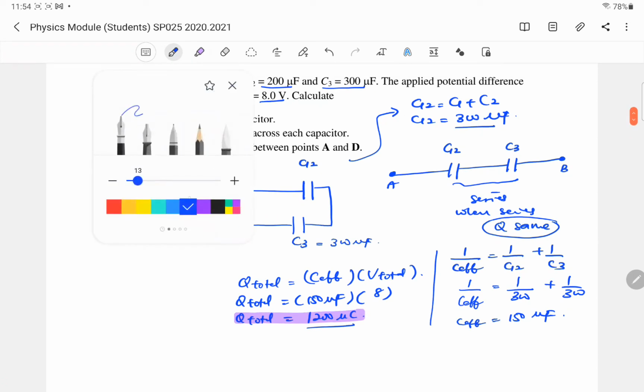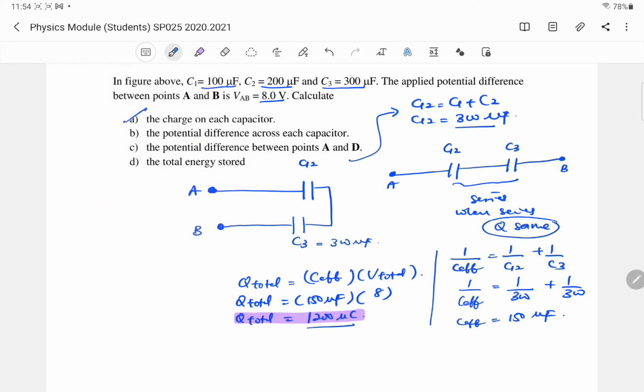Okay, so for this one, Q12 is 1200 microcoulomb. Q3 also 1200 microcoulomb, because the circuit is arranged in series. Okay, so C3 kita dapat tadi, C3 is 300 microfarad.